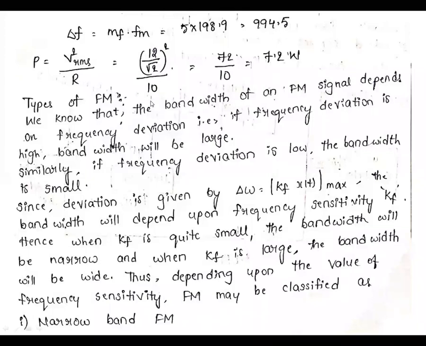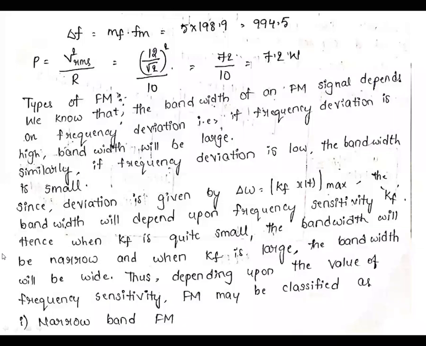And also calculate the power dissipated in the 10 ohm resistor. Power dissipated in the 10 ohm resistor is equal to Vrms whole square by R. So Vrms is from the amplitude of the frequency modulated wave, Ac cos omega c t plus beta sin omega m t. The voltage amplitude is 12, so 12 by root 2 is the RMS value.